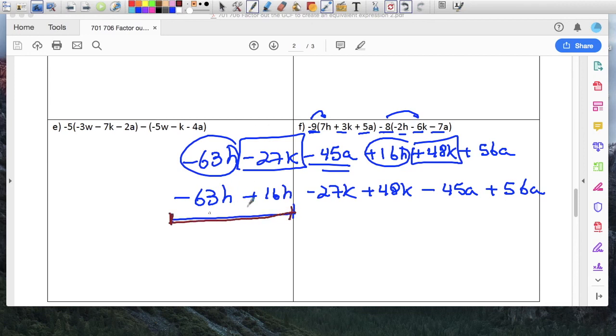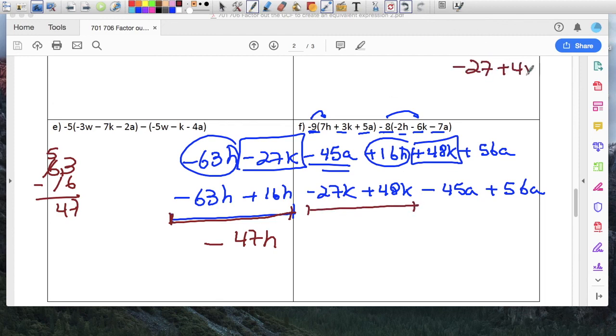Negative 63 plus 16. There's more negatives. So there's going to be negative something h, right? So it's going to be 63 minus 16, which is 47. So it's going to be negative 47h. This is negative again, and a positive. So negative 27 plus 48. There's more positives, so it could be plus something k, right?